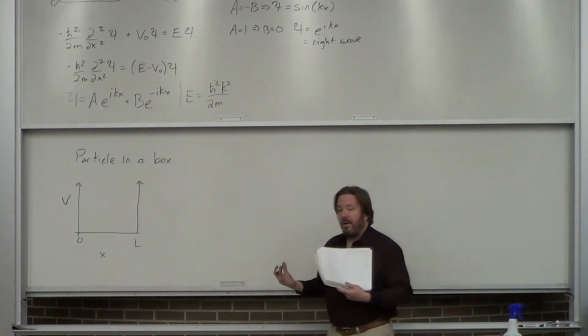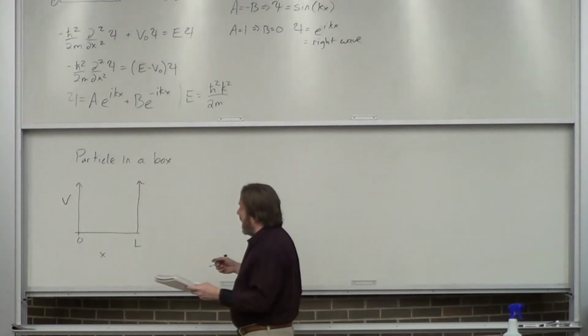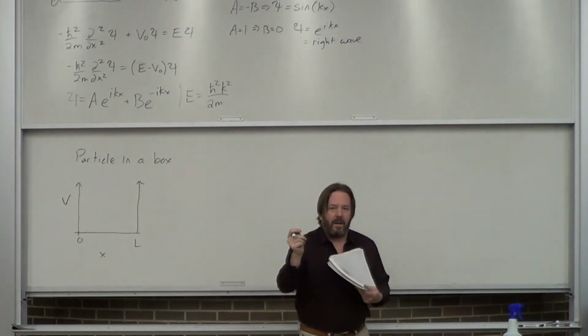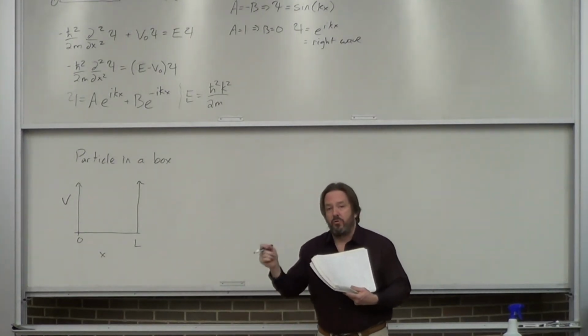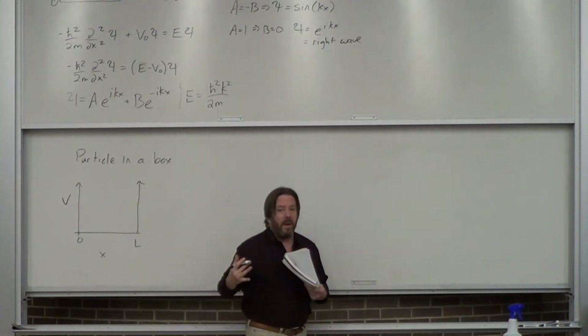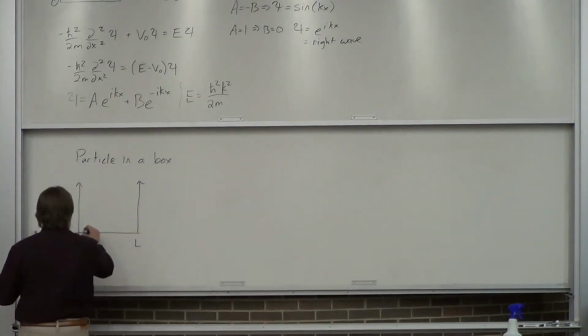To the right of L, the potential energy is infinity. Now inside of that, I'm going to draw, like with a piece of cellophane, some clear plastic, another x-axis and I'm going to draw the wave functions, right? But I'm putting that on top of this one. And that looks like this.